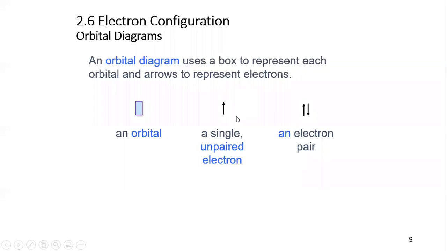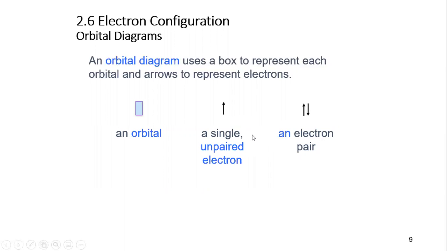Then when you put the second electron in the box, you always have it pointing down, and now you have a pair of electrons. So unpaired or lone electron means that only one electron is in the box. Paired electrons means you have 2 electrons, one pointing up and one pointing down in the box.